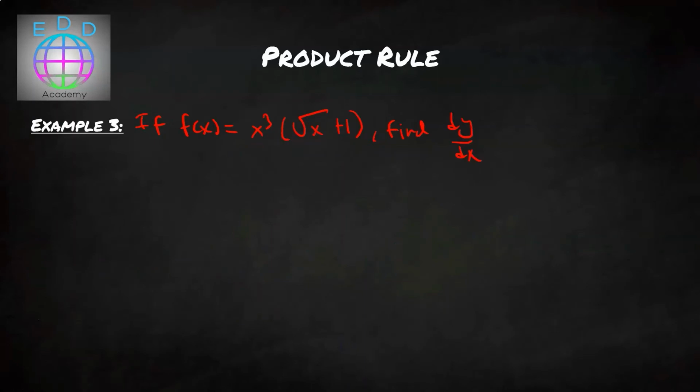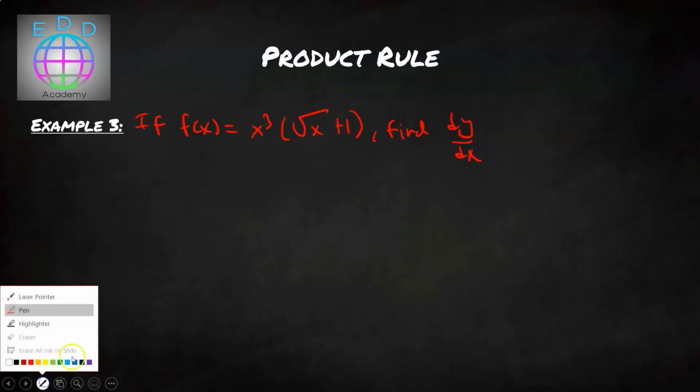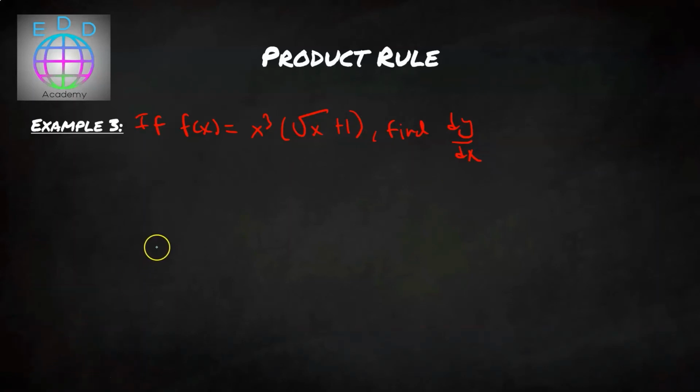Anyway, example 3, the final example. If f of x equals x cubed times the quantity square root of x plus 1, find dy dx. This time, I'm not even going to write out the definition of the product rule. I'm just going to apply it.